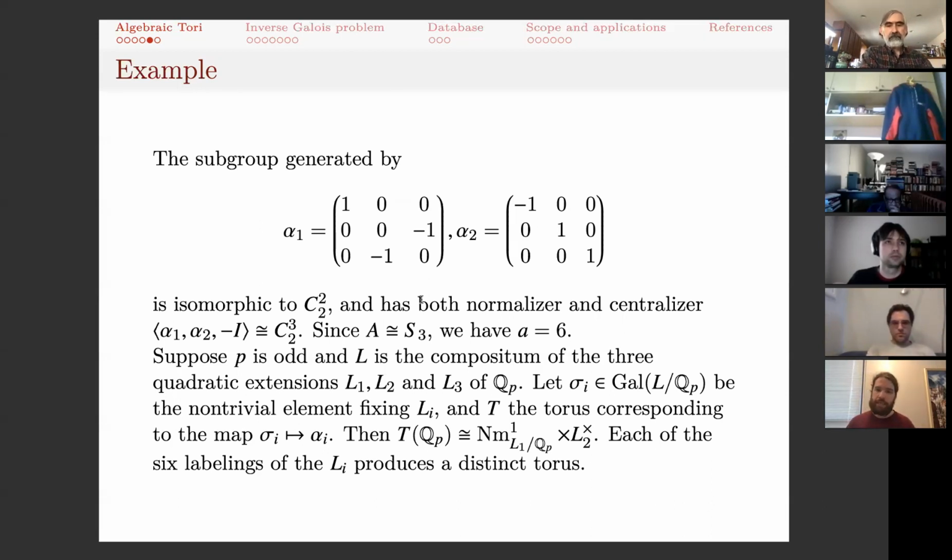You can think of sigma_i as the non-trivial element that fixes each of these 3 quadratic subfields, and then you can map sigma_i to alpha_i, each of these matrices, and that gives you a specific embedding of your Galois group into GL_3(Z). Then you can compute what the fixed points of this are. The torus over Q_p is going to be the norm 1 torus for L1 cross the restriction of scalars torus for L2. It's a 3-dimensional torus, and clearly these are distinct as you vary over the different labelings of these 3 quadratic fields.